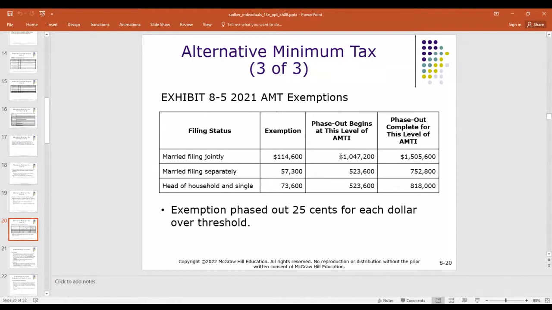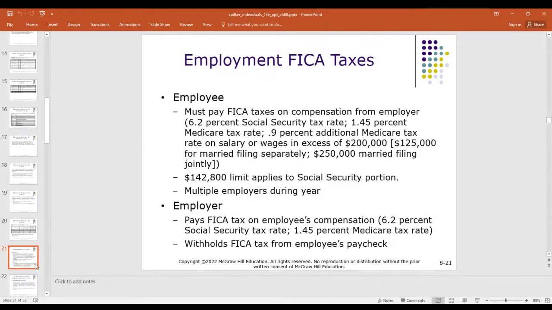So you can see this is quite high. And it gets reduced 25 cents for every dollar over the threshold. So once your alternative minimum taxable income reaches $1,505,600, you essentially have phased out that whole exemption. Here are the amounts for the other filing statuses. So let's take a look on page 8-11.